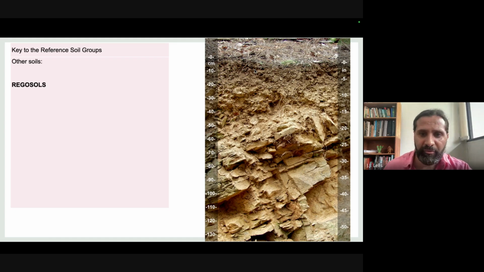We do not have permafrost. So basically, all the properties that we can think related to the previous RSG are not present here, or if they are present, they do not fit the criteria for the previous RSG. Okay, so our last option is a soil without a diagnostic subsurface horizon, or at least a subsurface diagnostic horizon that does not fit the criteria for the previous RSG.